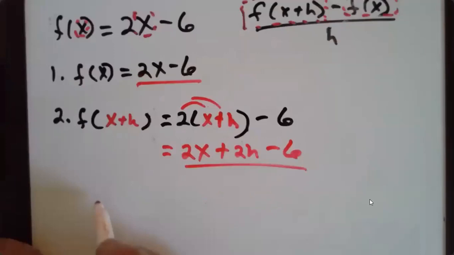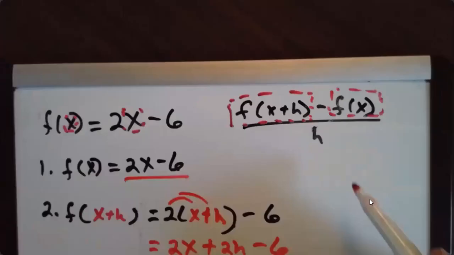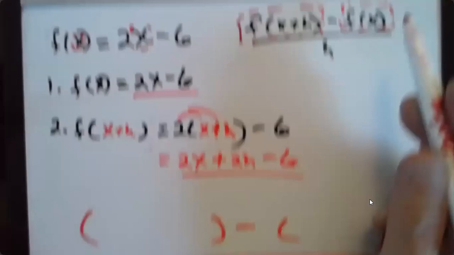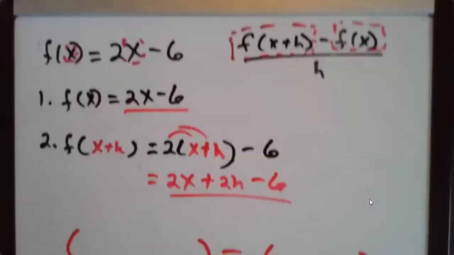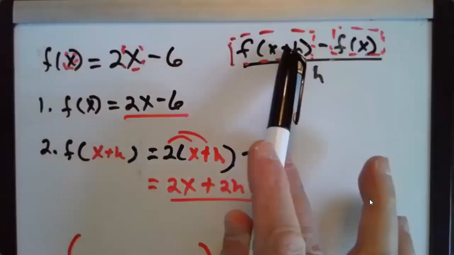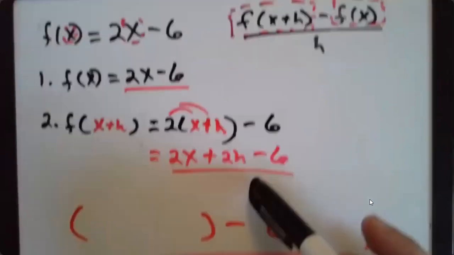So down here we'll put parentheses minus parentheses all over h for our difference quotient. Now we're going to put in whatever f of x plus h is, which is down here: 2x plus 2h minus 6.